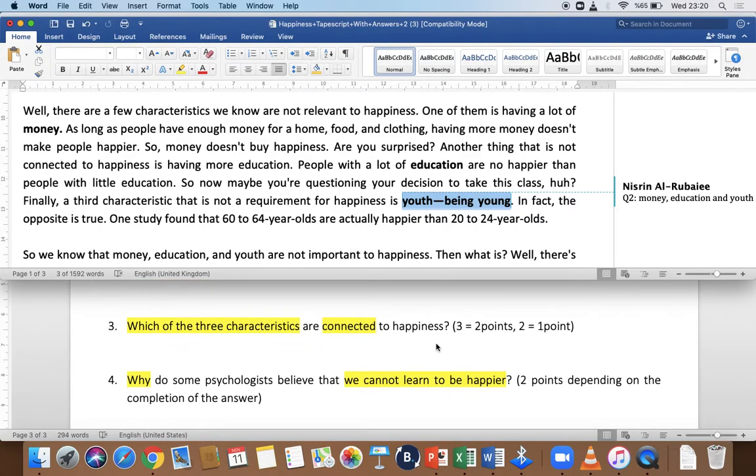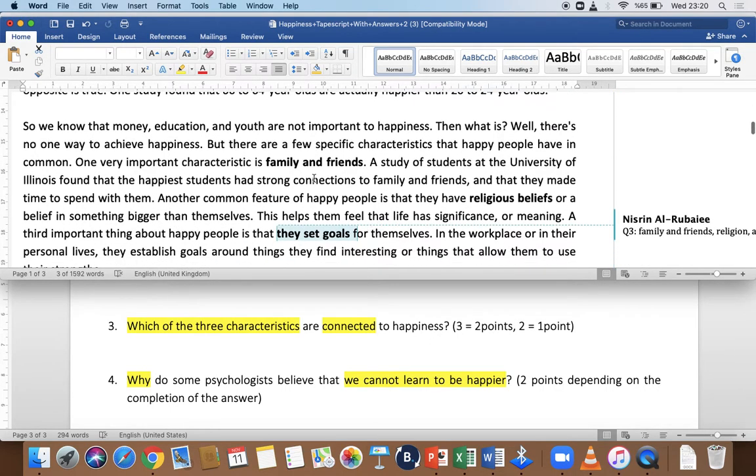Next question, which of the 3 characteristics are related to happiness? Let's look at them. Family and friends, religious beliefs, and setting goals actually. 3 things: family and friends, religious beliefs, and setting goals.